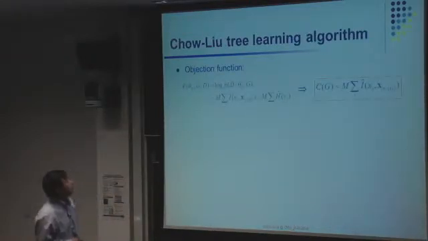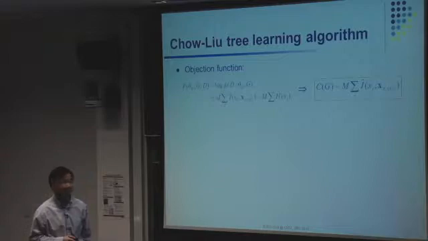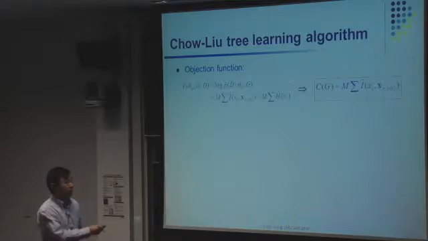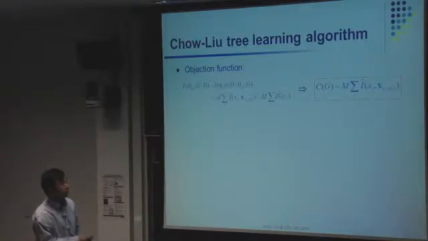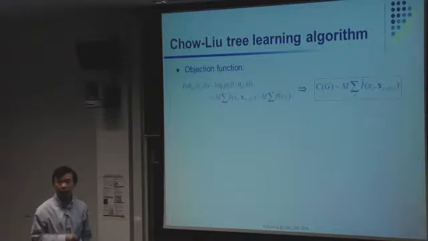And we can further simplify the loss function a little bit as a function of the graph topology, because this term is a single node entropy function. There is no structural information encoded here. We can ignore that. Therefore, the cost or the loss function of a graph is solely dependent on the sum of mutual information between a node and their parents.